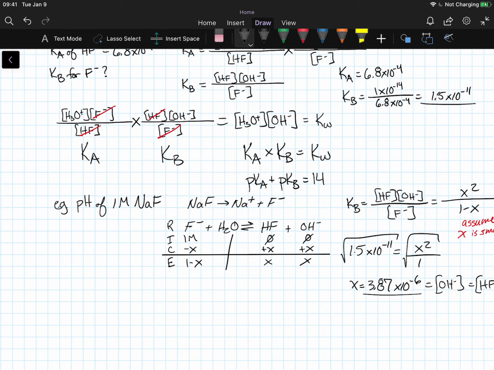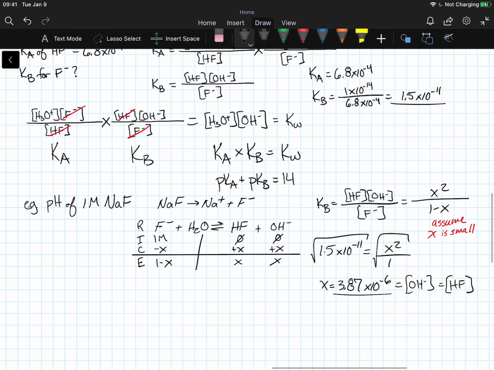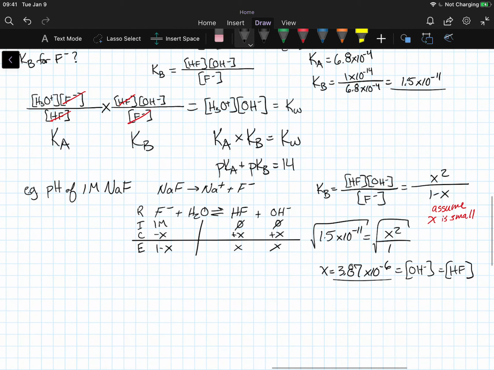So remember, there are two ways to do this. You can either calculate the pOH and convert that using pOH plus pH is equal to 14, or we can convert from hydroxide into hydronium. Let's do that one. So my concentration of hydroxide was 3.87 times 10 to the negative 6th.